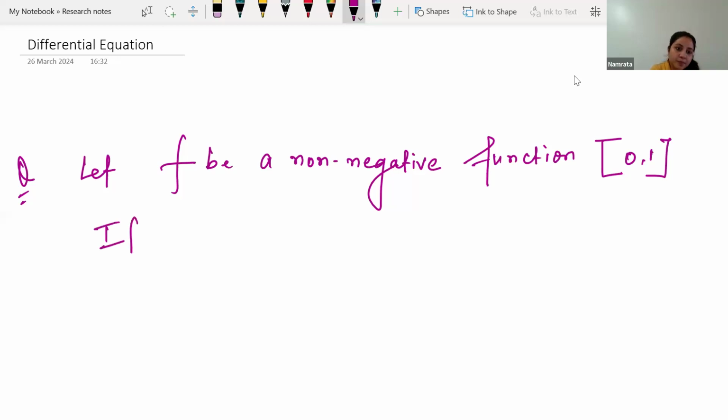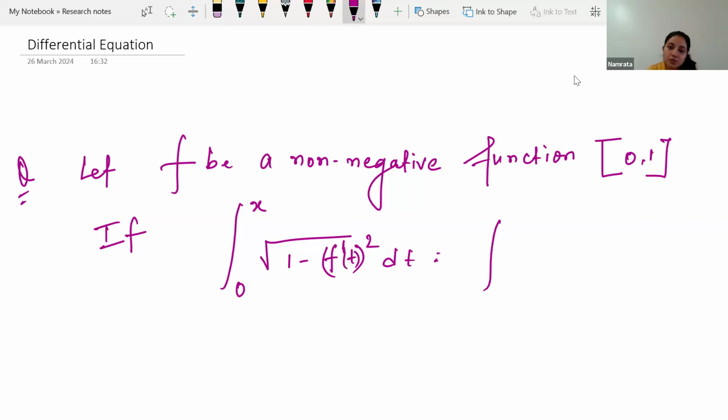If the integration of 0 to x of square root of 1 minus f dash t, that's squared, dt is equal to the integral from 0 to x of f of t dt, where x lies between 0 to 1, and f of 0 is equal to 0.